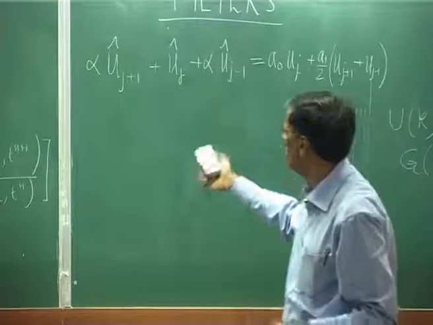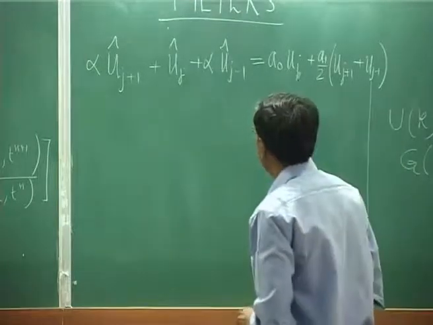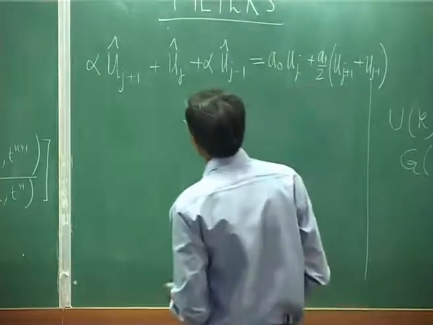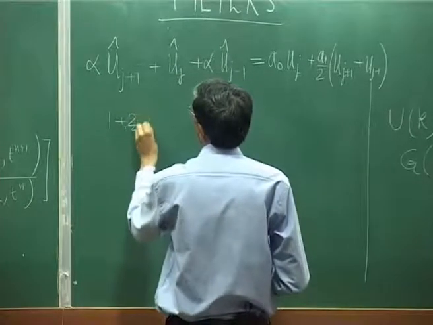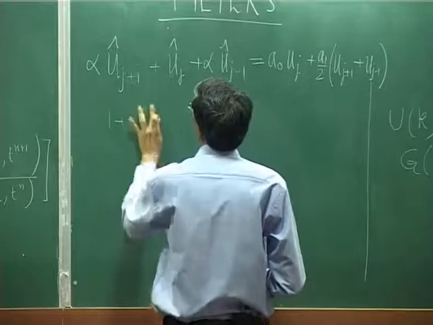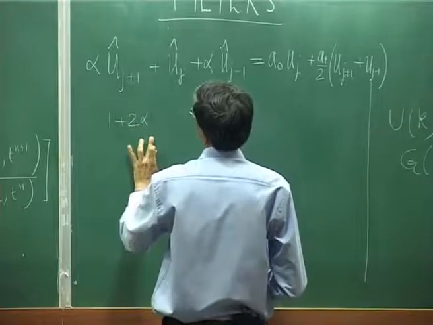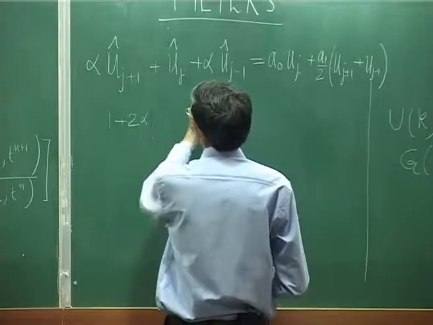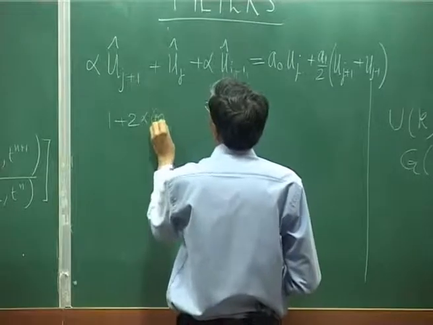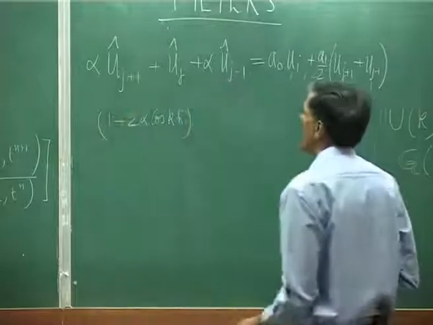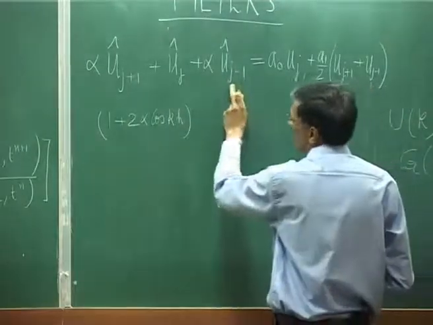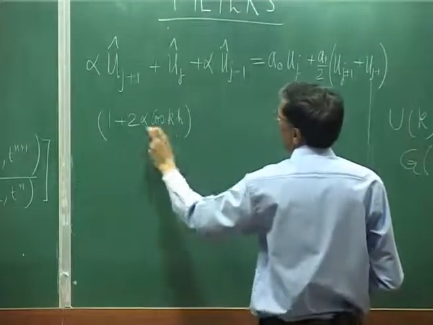So you use the spectral representation of this, and then you can immediately see that this becomes 1 plus 2 alpha. Yeah, so this will give us cosine kh, because this will give e to the power plus I kh, this will give e to the power minus I kh, add it up, you will get 2 cos kh.